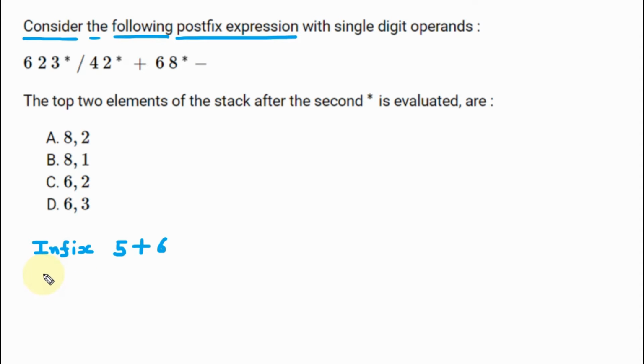Second one is called prefix. So whenever the operator, which is plus or any other operator, is before the operands, just like plus, afterward 5 and 6. So here pre means previous. This is called prefix.